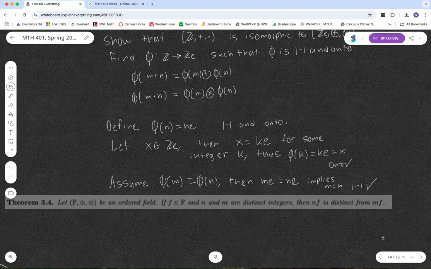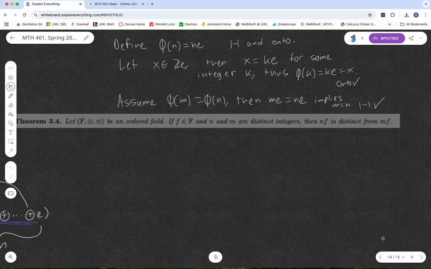Now phi of m plus n equals phi of m plus phi of n.